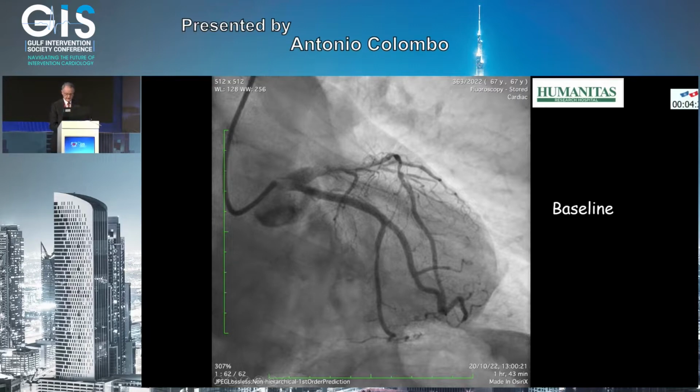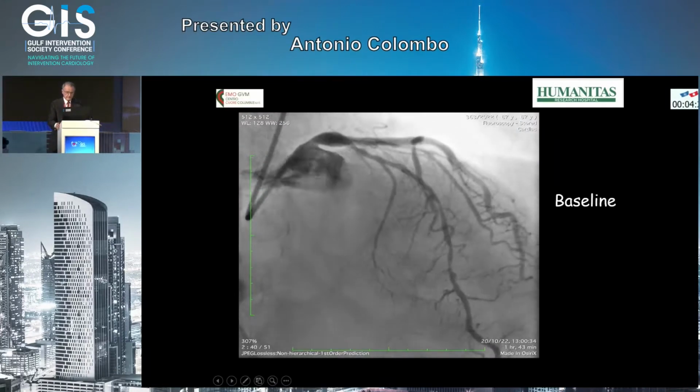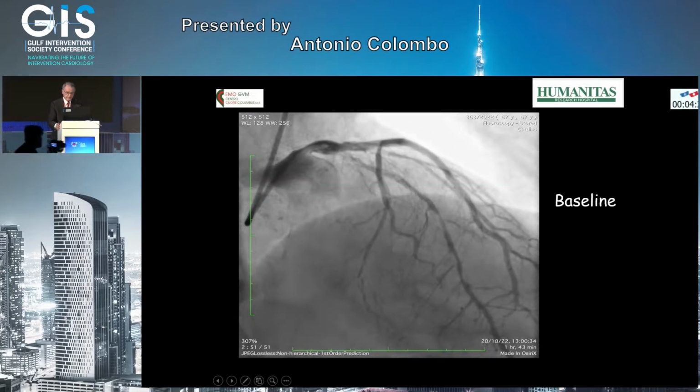Let's see in another view. This is a more classic view. So what would you normally do with this lesion? Predilate, do IVUS, do OCT, whatever. Maybe we'll just run by our dear panelist, Dr. Subhi.